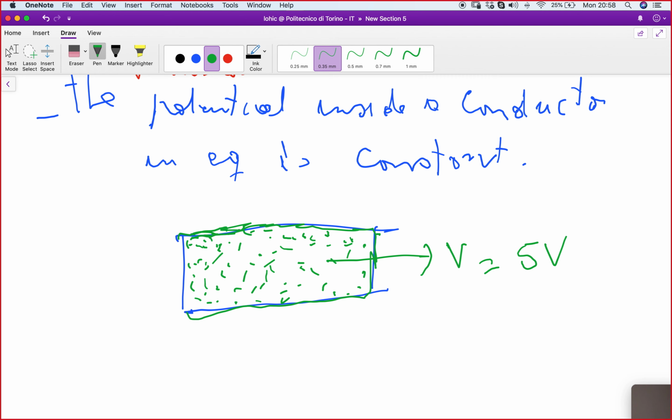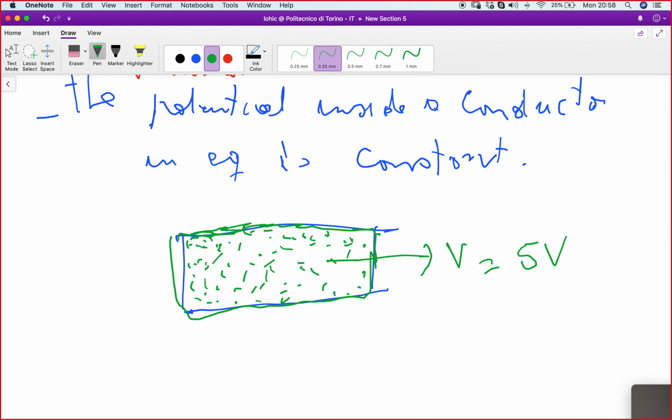Yes, exactly 5 volts, because the potential is a continuous function. We cannot move from 5 volts directly to another value without a transition. Yes or no? Even if it is not exactly 5 volts, it's not far from 5 volts.